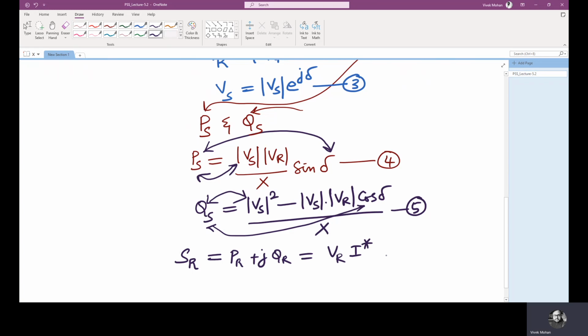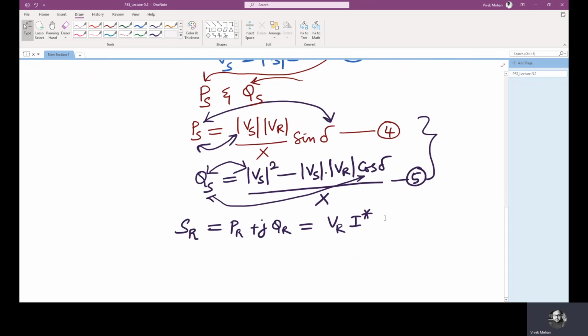If we write the equations similar to 4 and 5, then instead of PS, we get PR equals mod Vs mod Vr divided by X sin del.